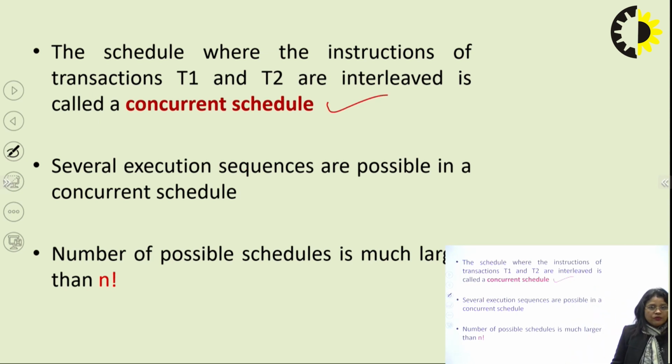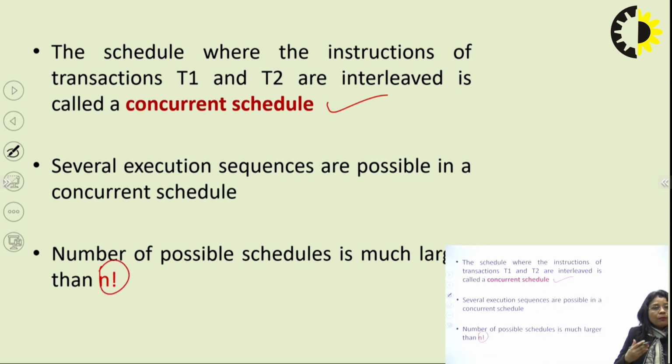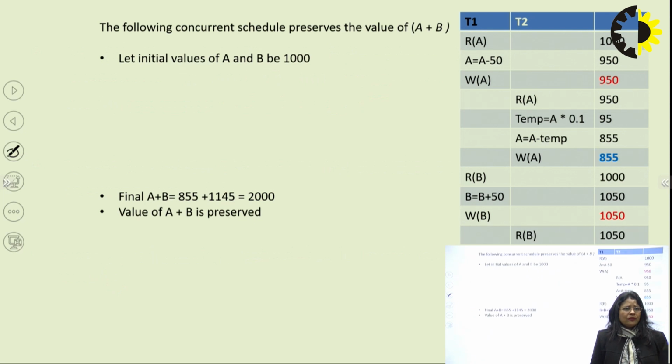Several execution sequences are possible in a concurrent schedule, so the number of possible schedules is much larger than n factorial. We will not work it out, but it is much larger than n factorial, right?